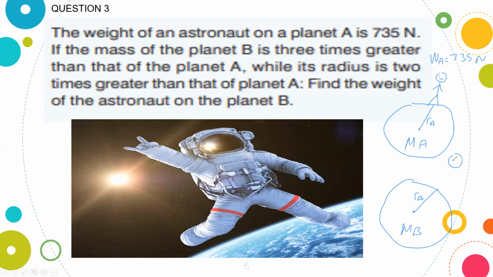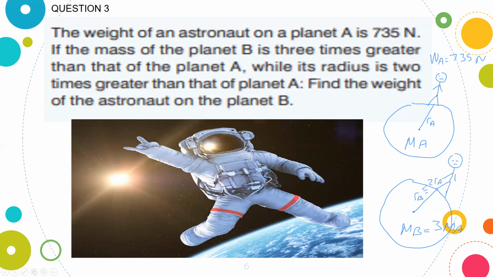Our friend is coming to planet B. He's not happy now, I don't know why. We know MB equals 3 MA, and RB equals 2 RA.